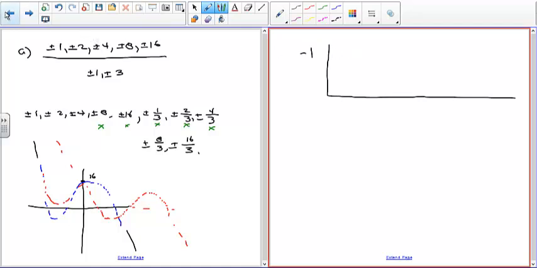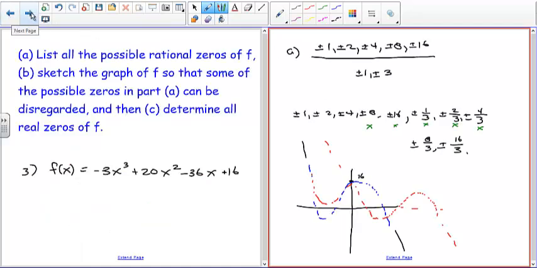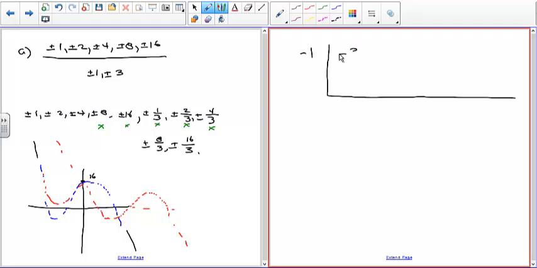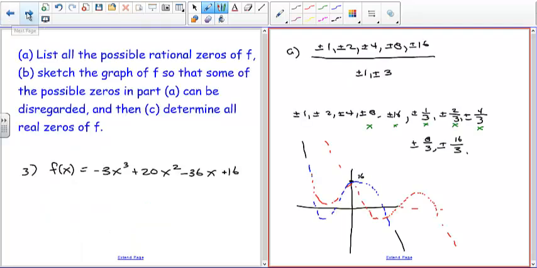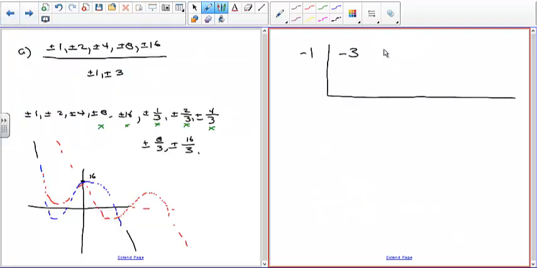And the function, I've already forgotten it, -3, plus 20, minus 36, plus 16. Okay, -3, plus 4, plus 3, plus 3.